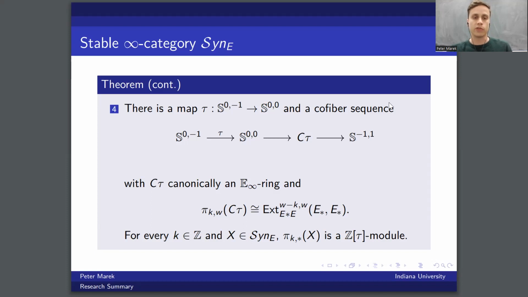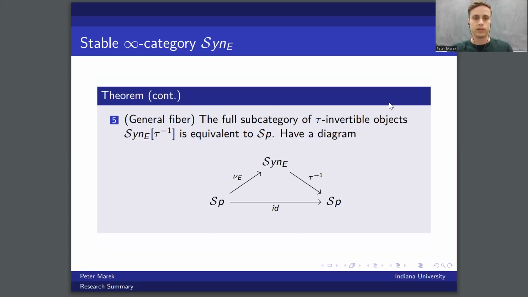And for every integer k, in every synthetic spectrum, when you look at pi_{k,*} of X, this is a Z[tau]-module. Okay. And then the generic fiber of synthetic spectra, or in other words, the full subcategory of tau invertible objects, is equivalent to spectra.